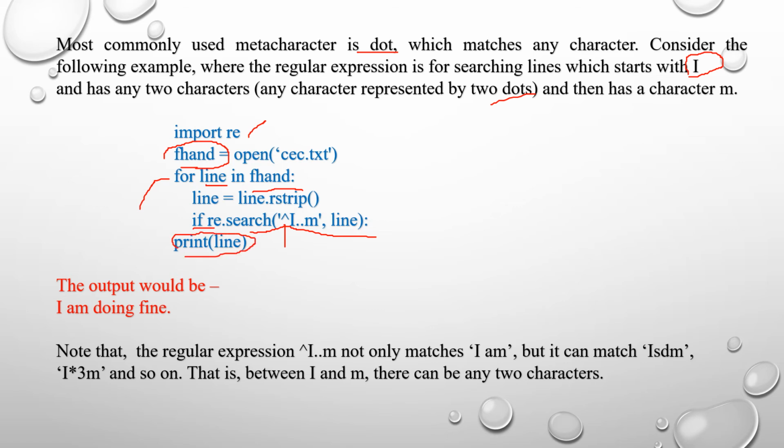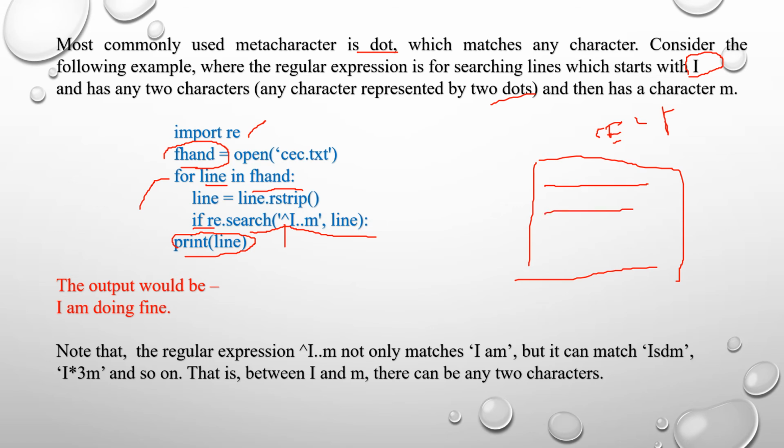If you run this, the Python interpreter will print "I am doing fine". My file content is cec.txt. This is my first line, this is my second line, and the third line string is "I am doing fine".